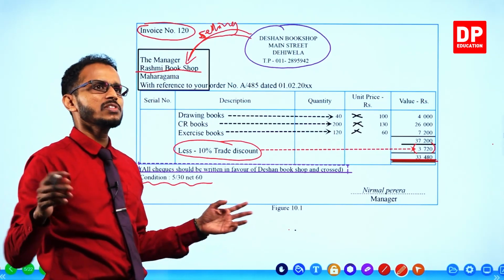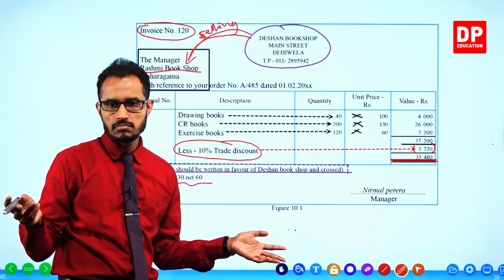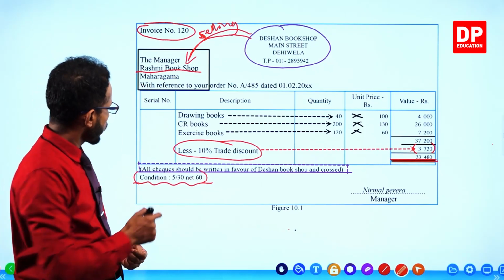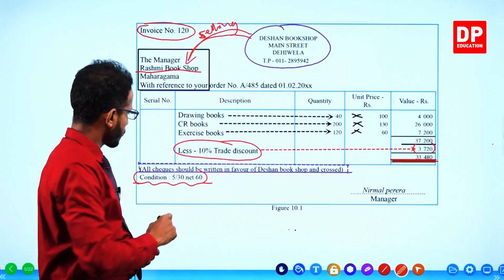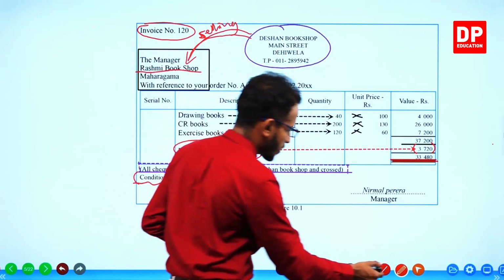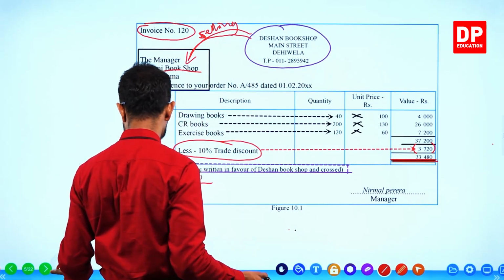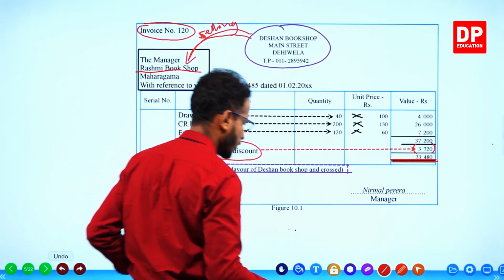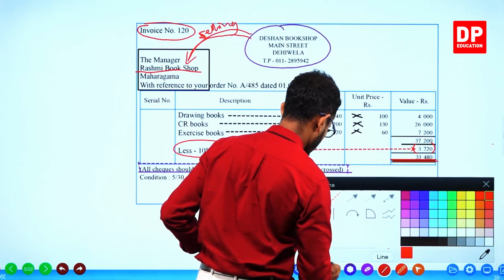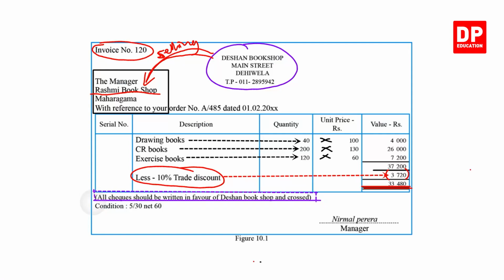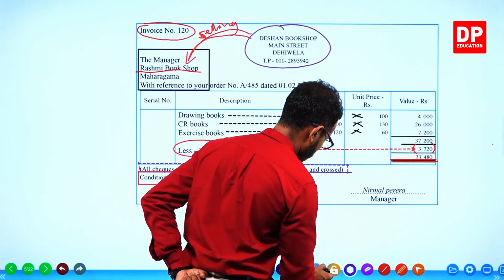And there's a condition here. This is something most of the children do not understand. It says 5/30. Okay, let me highlight that. I'm talking about this condition now.